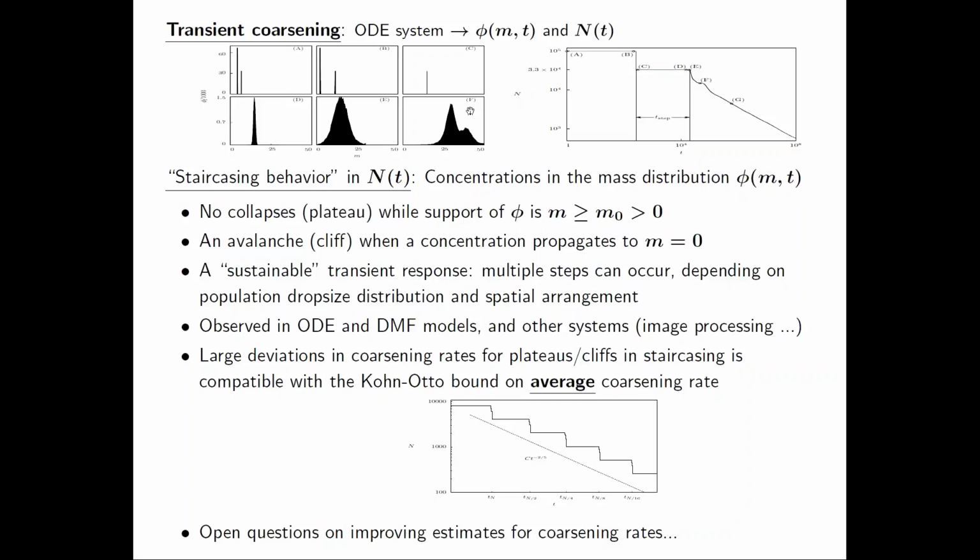In terms of keeping track of number of drops versus time, I'm going to get a long plateau where all of these drops are sticking around, none has disappeared yet, and then when they've gone off this cliff, all of them disappear, and there'll be a mass extinction, an avalanche. And then there'll be just the large droplets left.